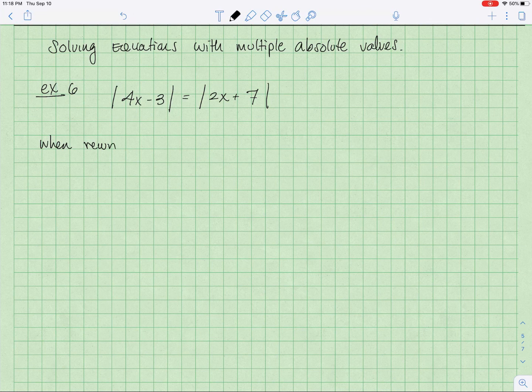When rewriting this equation, it seems to have 4 possibilities. Oops, I can't spell. Possibilities at first.